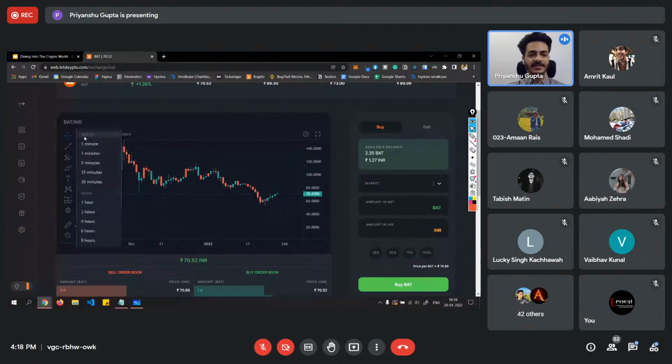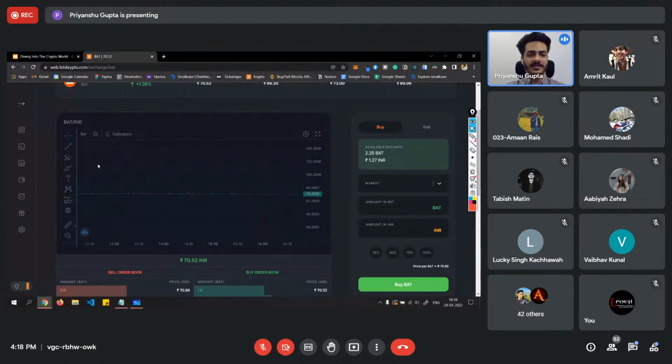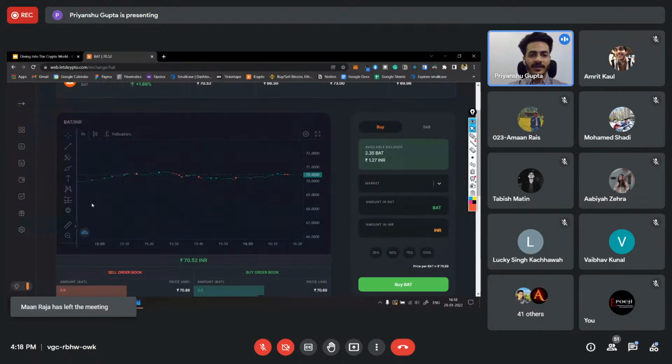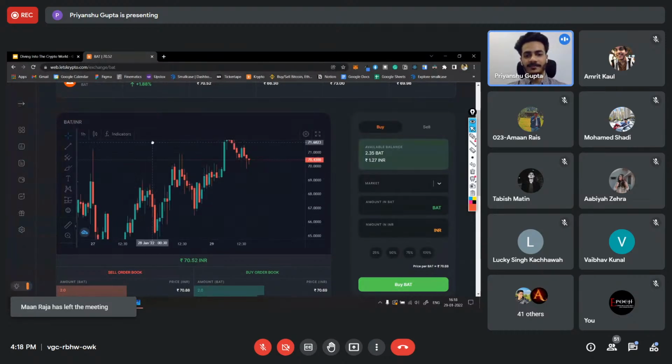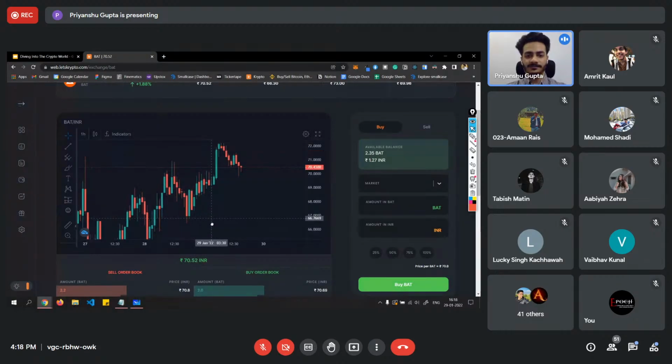I can choose candlestick graphs of different variations like a 3-minute chart or a 5-minute chart, or I can choose a 1-hour graph, right? So this is the graph that I'm looking at right now.